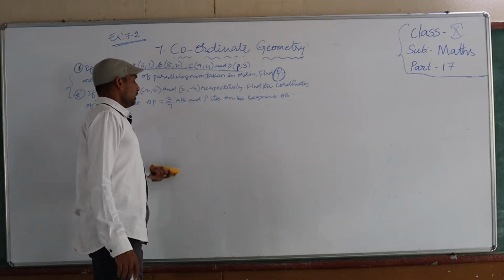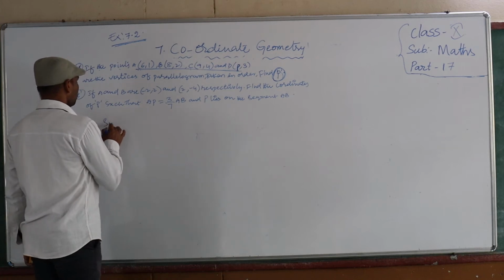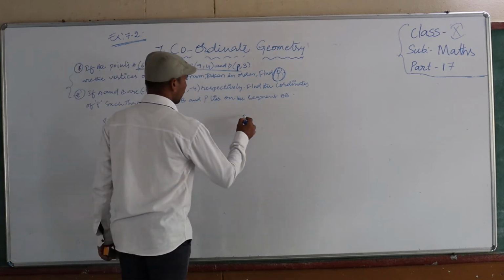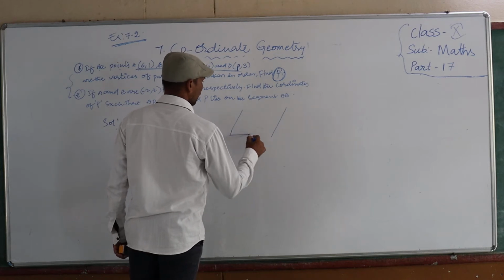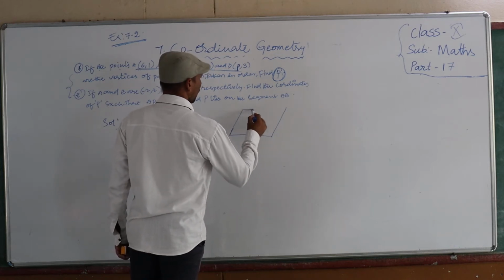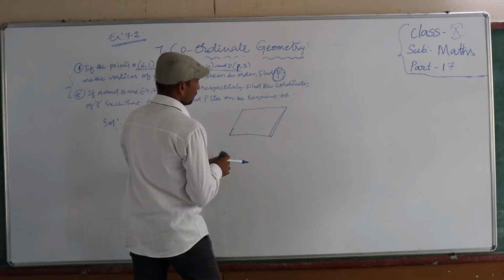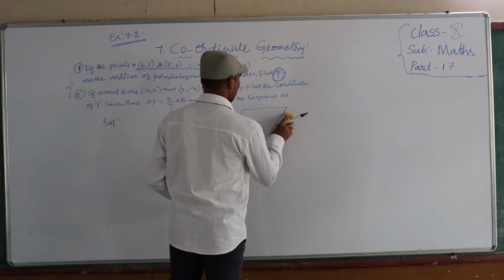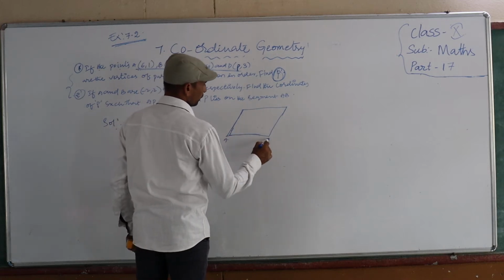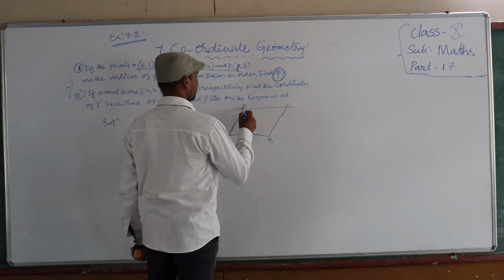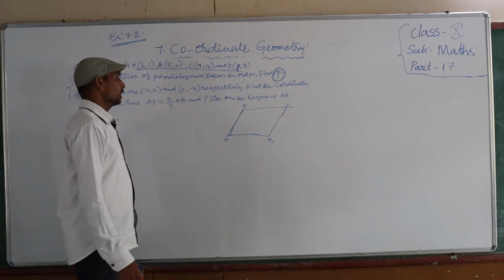See here, they have given a parallelogram. So you know very well, in a parallelogram opposite sides are equal. A, B, C, D are taken in order.